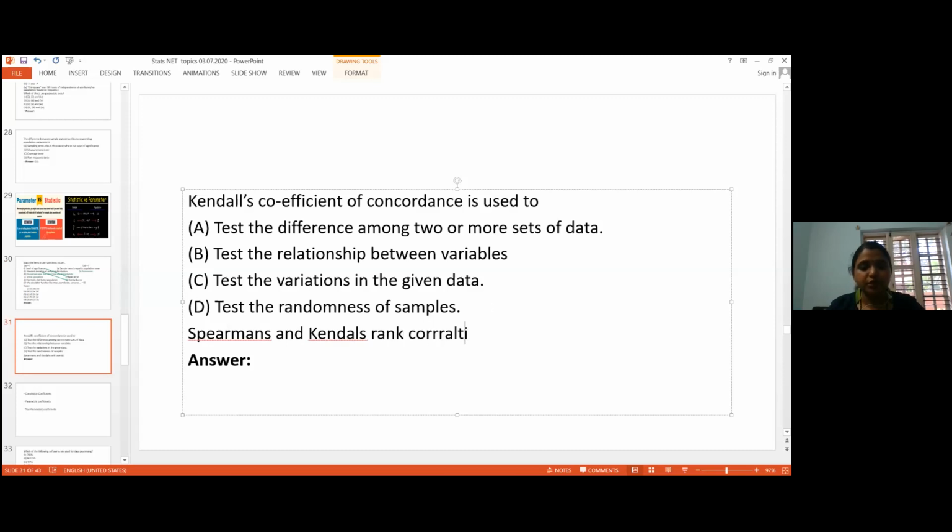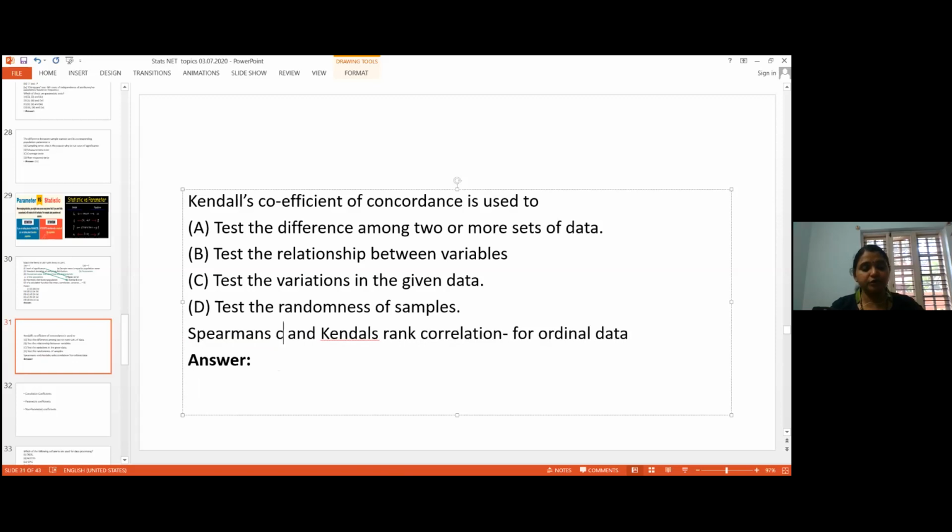These are two non-parametric methods of finding correlation for ordinal data. Otherwise, we use Karl Pearson's. So we know why we use correlation? Now you got the answer. You may give me the answer.